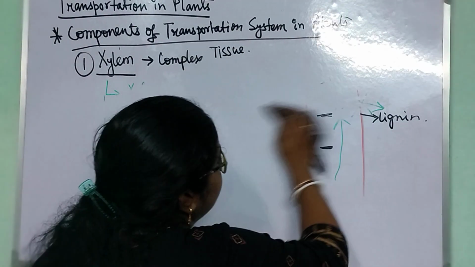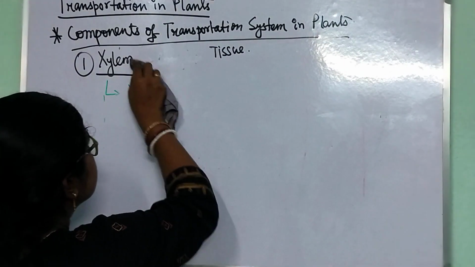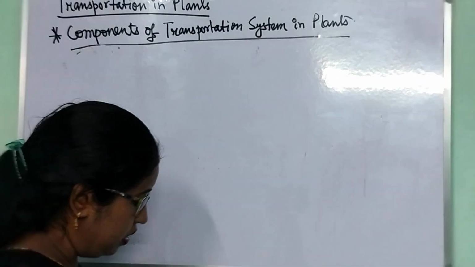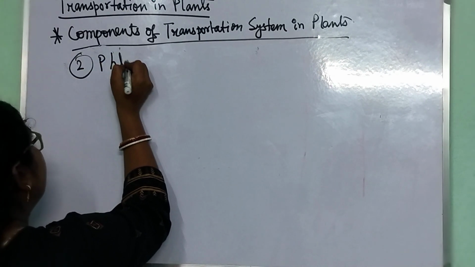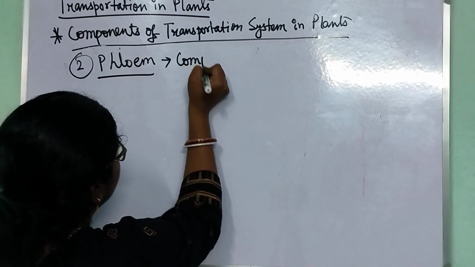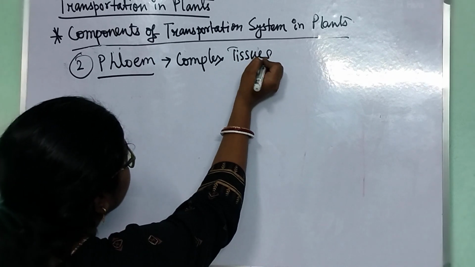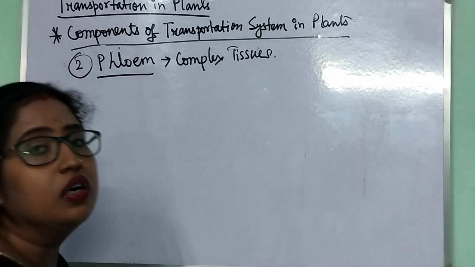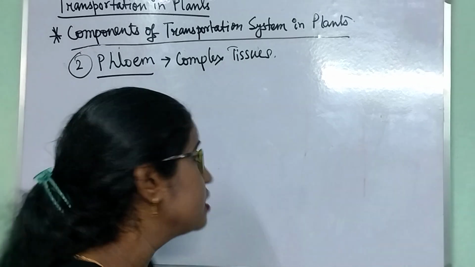The next component of the transportation system in plants is the phloem system. So next I will discuss the phloem. Phloem is also made up of complex tissues, and it is mainly dedicated to conduction of the food synthesized by the photosynthesis process.